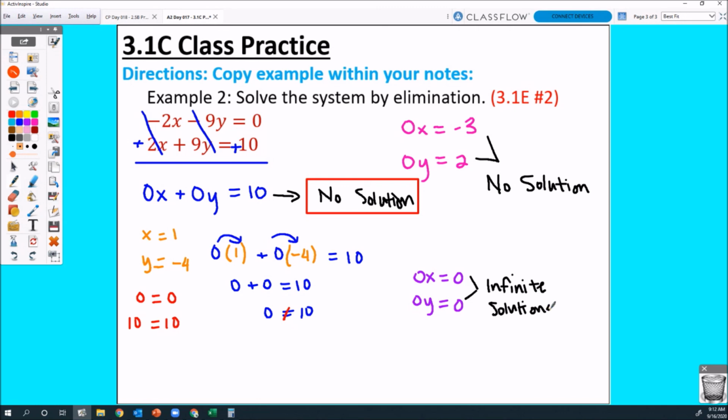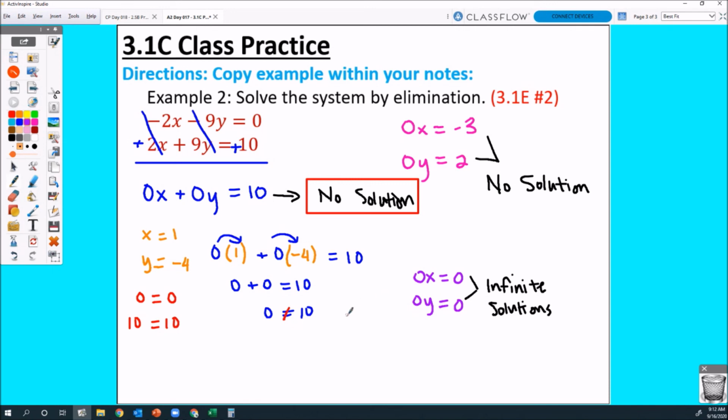Excuse my handwriting. So again, from substitution, if you have a 0x equal to 0 or a 0y equal to 0, then you would stop there and just determine it as infinite solution.